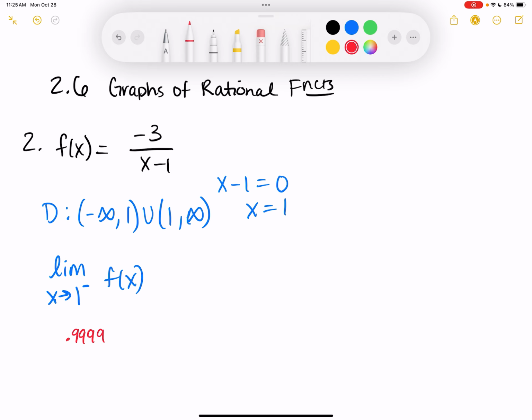and I plug in that number, what happens to this? Because it's going to be a negative over a negative, so it's going to be positive. And if I have a number over a really, really tiny number, what happens? What happens if I divide by a really tiny number?